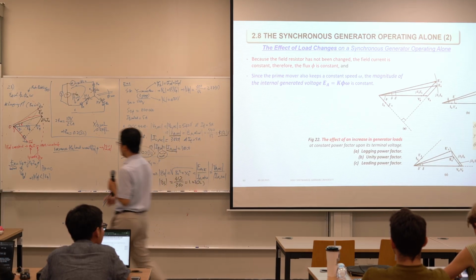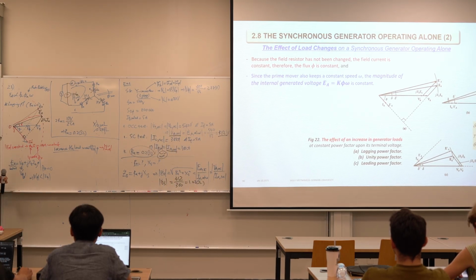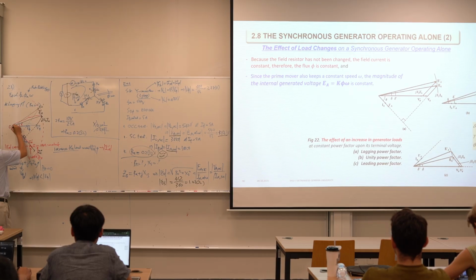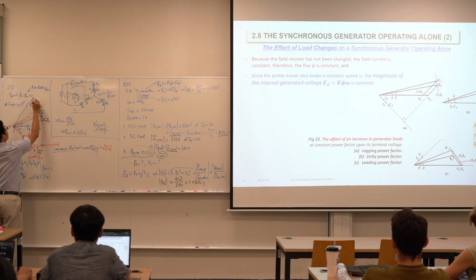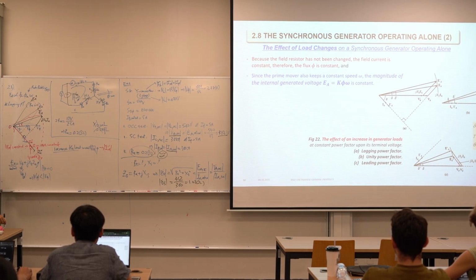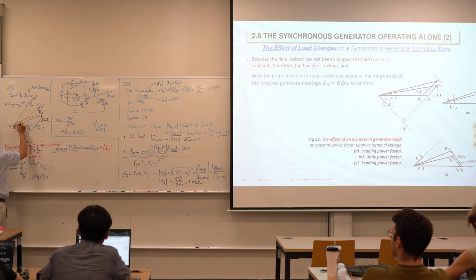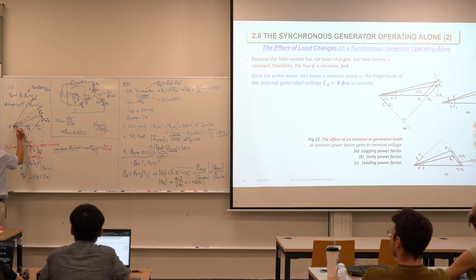If we continue to increase IA, so now you get IA double over common. You get EA double over common somewhere here. And then this is V phase triple over common.